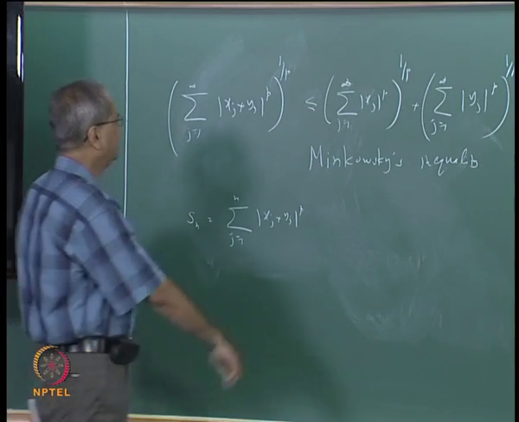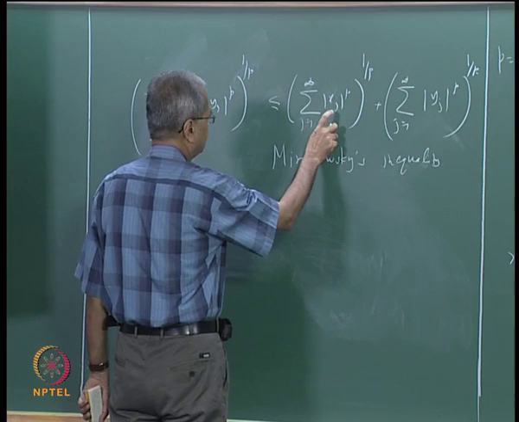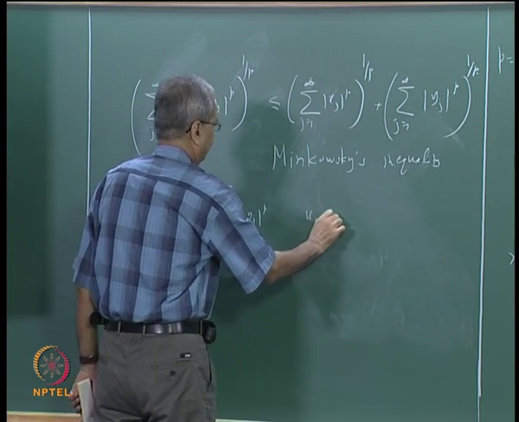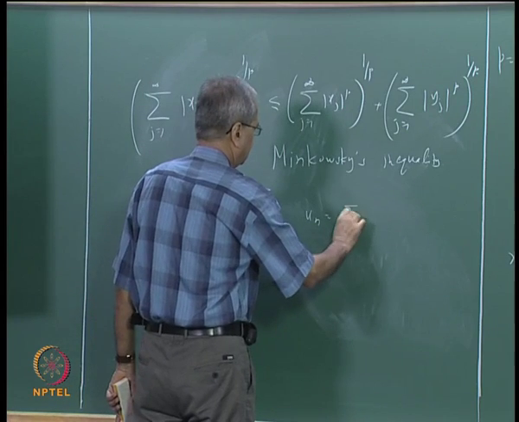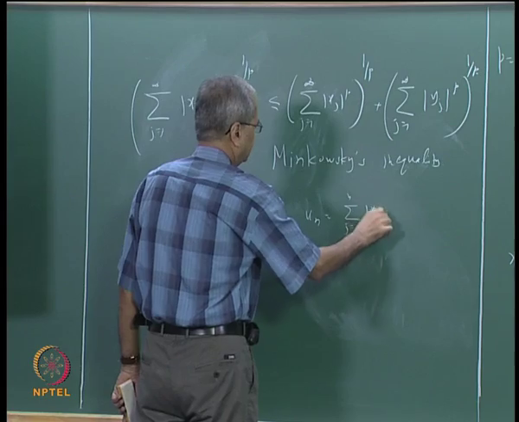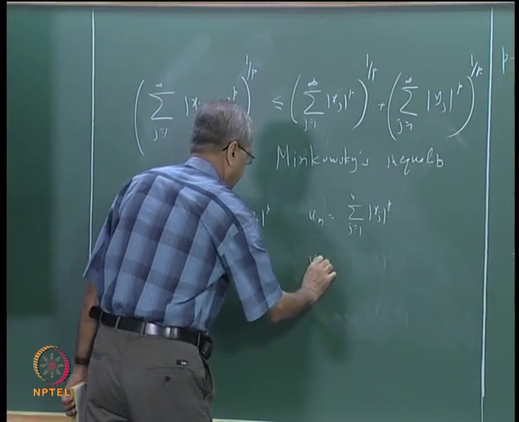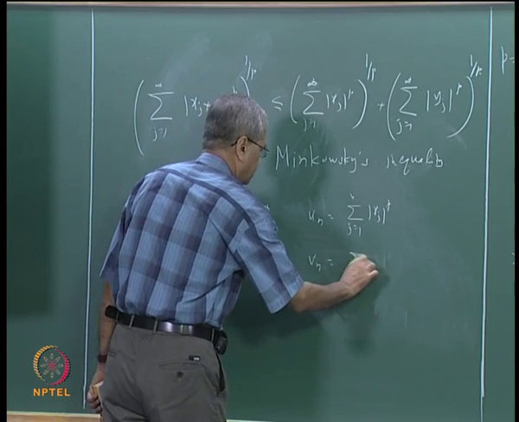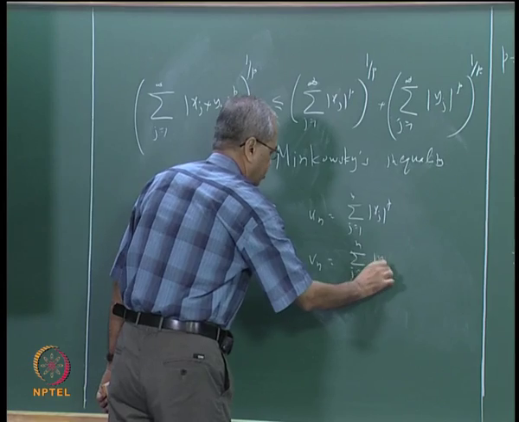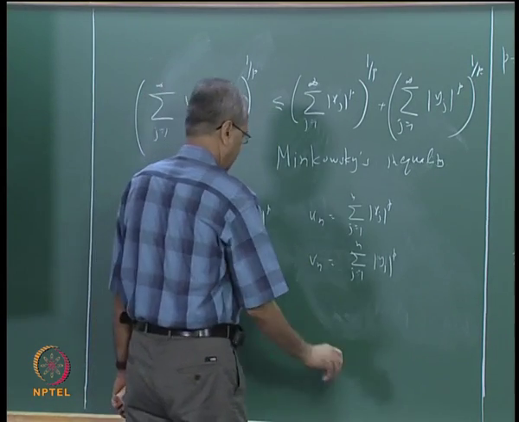And similarly let us give some notation for the partial sums of the others. Suppose I call un as sigma j going from 1 to n mod xj to the power p, and vn as sigma j going from 1 to n mod yj to the power p.